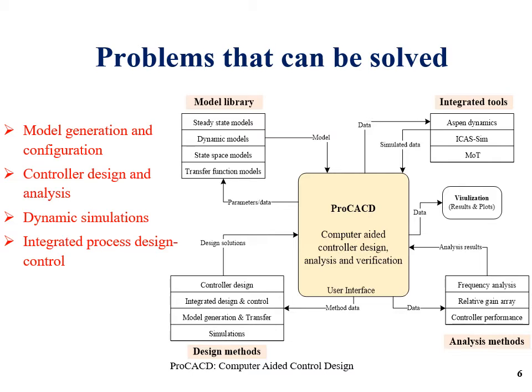In the architecture, you can see it has design methods to design a controller, or to design both a process and a controller, or options where you can just run simulations like dynamic simulation, or just do analysis if you're not interested in designing.